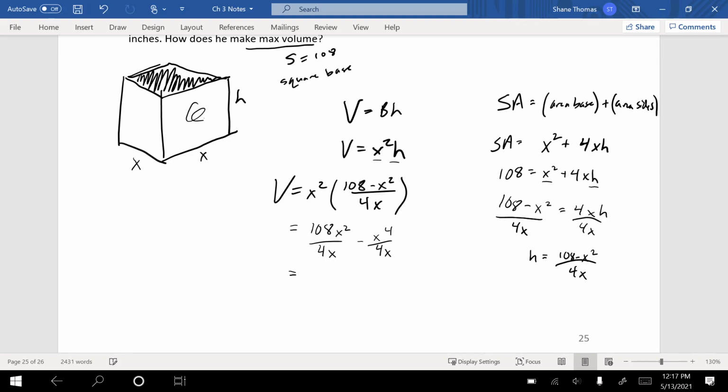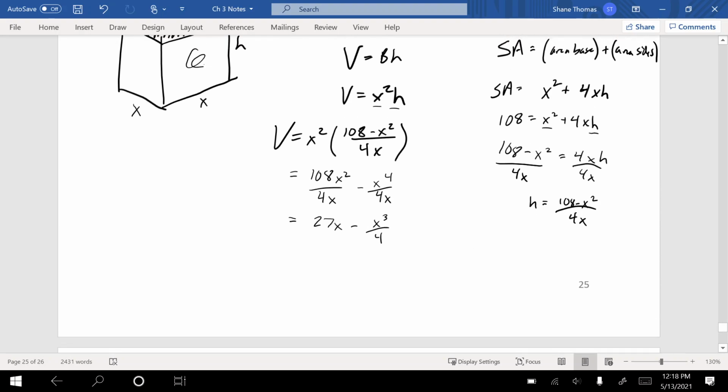So that's going to be 27x minus x to the third over 4. Go with that? All right, so there is a formula that relates our x to each other and also relates surface area and volume into one formula. Okay, so we just did some substitution.